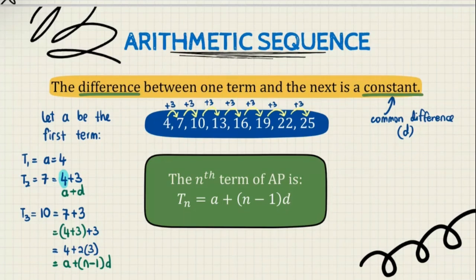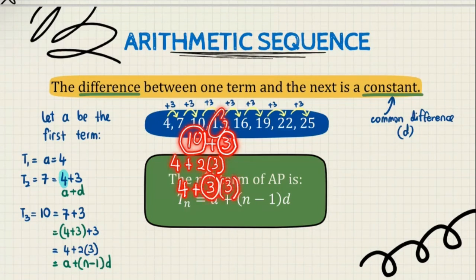Okay. So sebenarnya kita boleh tengok jugalah term yang keempat. Term yang keempat adalah 13, tambah dengan 3 pada 10. 10 ini datangnya daripada mana? 4 tambah 2 darab dengan 3. Tapi sekarang ni kita ada 3 yang seterusnya. So it will be 4 plus 3 multiply by 3.